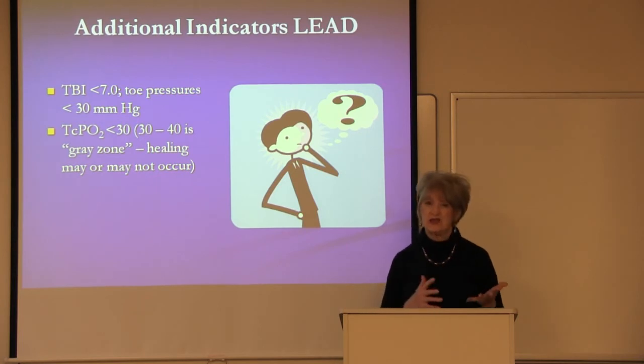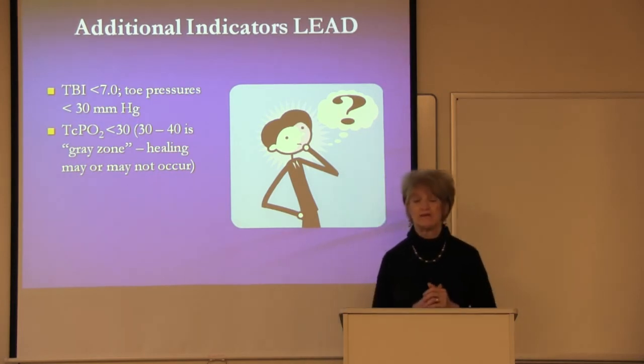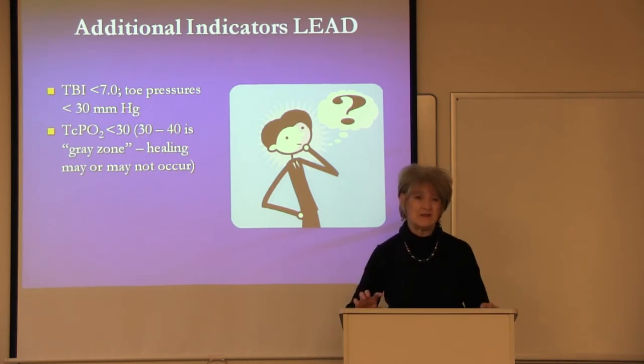So let's say I do the ABI and I get 1.4. Well, that doesn't mean anything because my vessels are calcified. It turns out that the vessels in the great toe are pretty resistant to calcification. So many times you can get an accurate reading in the great toe, even if you can't get an accurate reading at the level of the ankle.